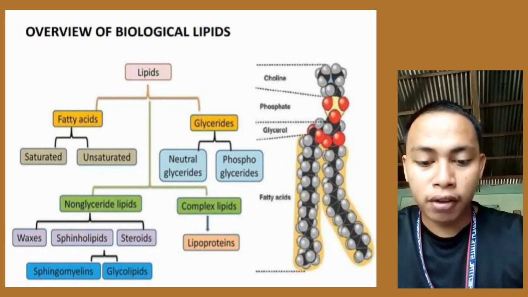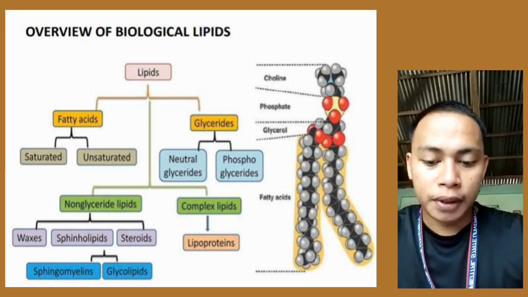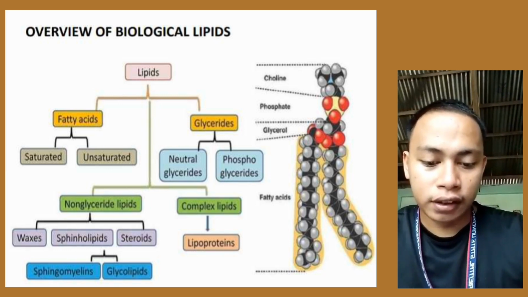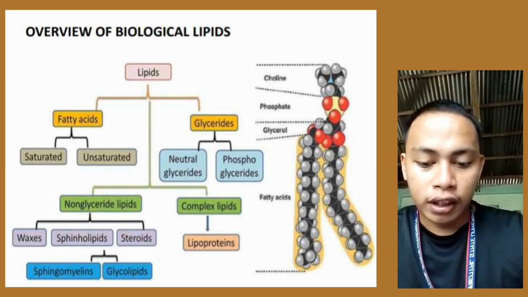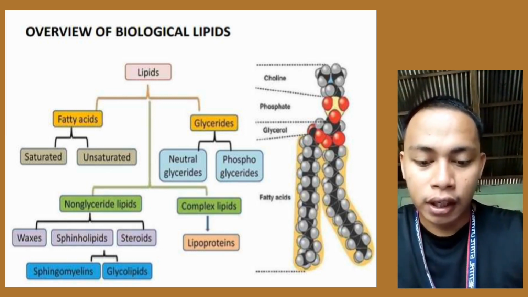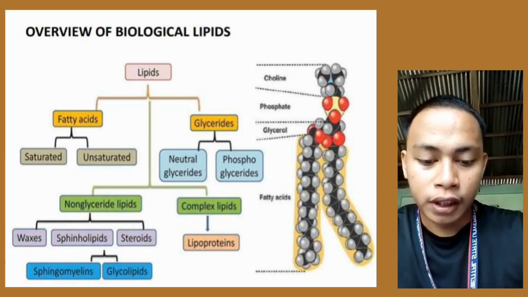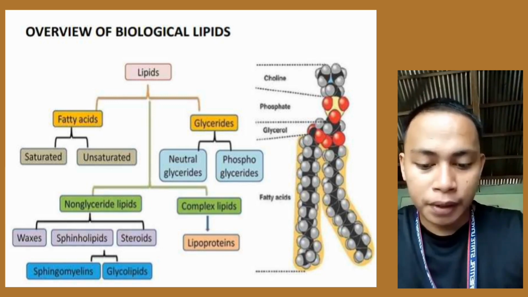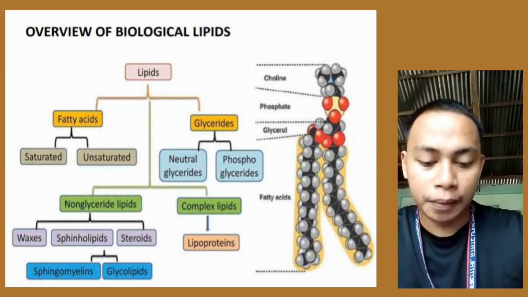Overview of biological lipids: lipids have fatty acids and glycerides. The fatty acids are saturated and unsaturated. On the other side, glycerides are neutral glycerides and phosphoglycerides. So lipids have two groups, non-glyceride lipids and complex lipids.